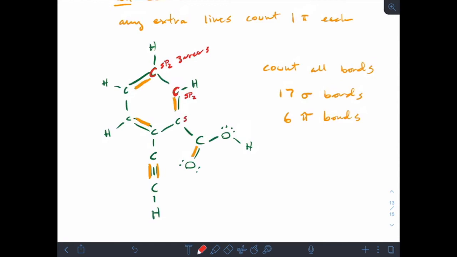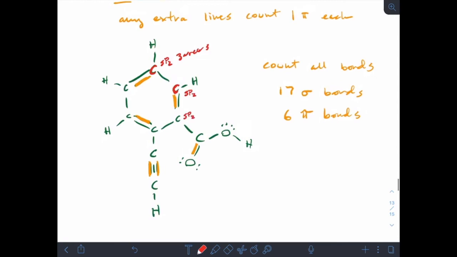This one is sp2. All of these carbons are going to be sp2, because they each have 3 areas of electrons around them. All right, let's come to the bottom of the ring and that branch that comes off of it, and let's look at this carbon.